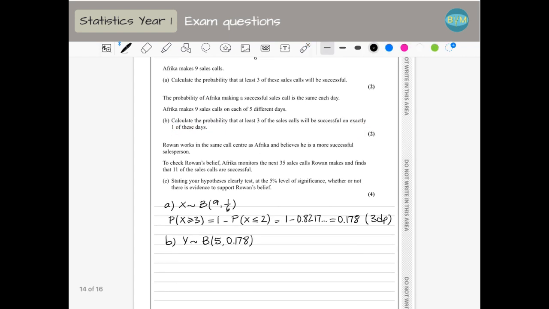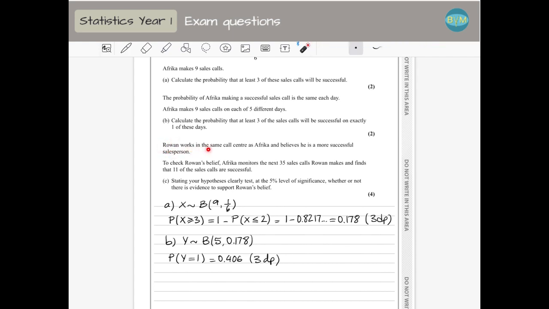So I need the probability of Y equals exactly 1. Remember, this is binomial PD, probability distribution, not cumulative. So I can go to the calculator straight away, and this is 0.406. Another way would be using the formula of the binomial, but I think this is faster and you make fewer mistakes.